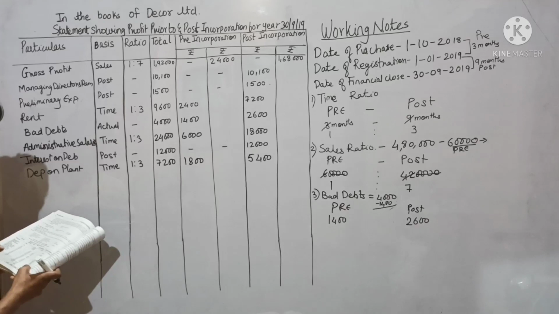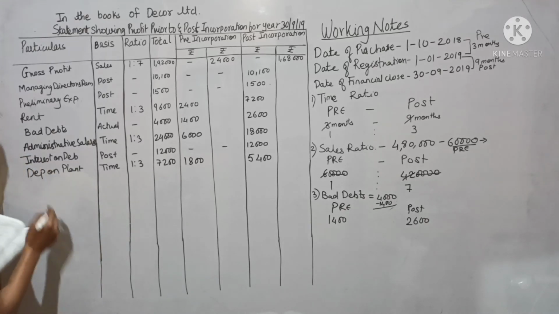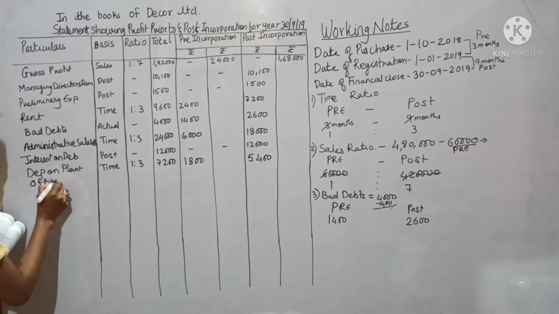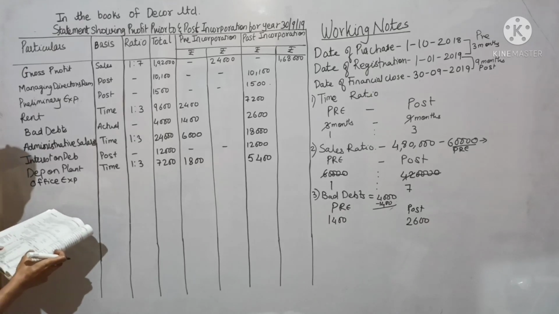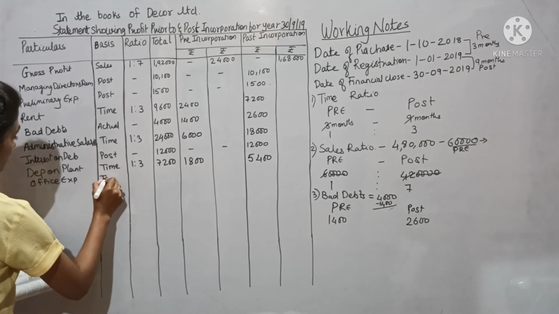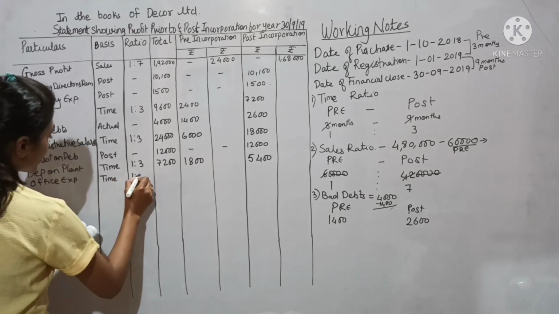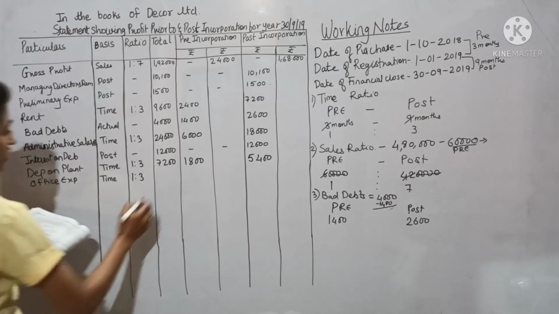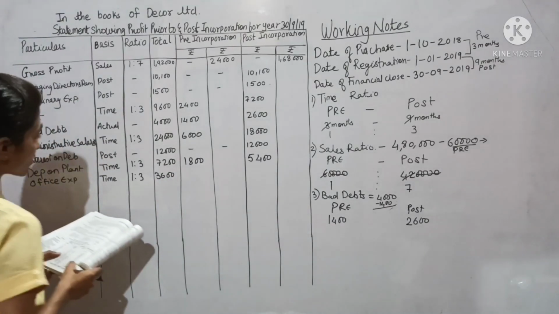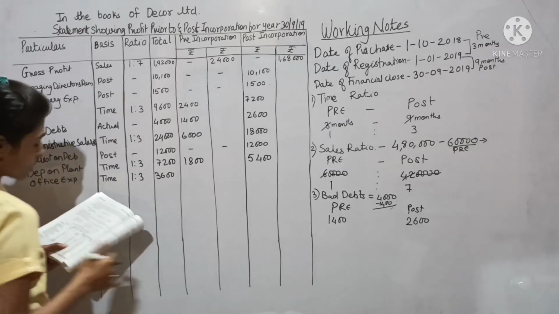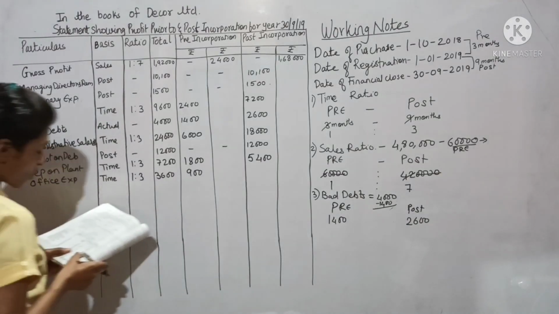Office expenses total is 3,600, and ratio is 1:3. So 3,600 multiplied by 1 divided by 4. So in pre-incorporation we get 900, and for post we get 2,700.